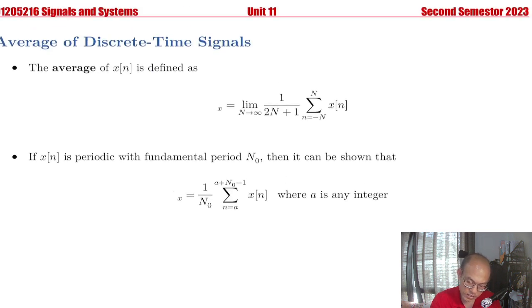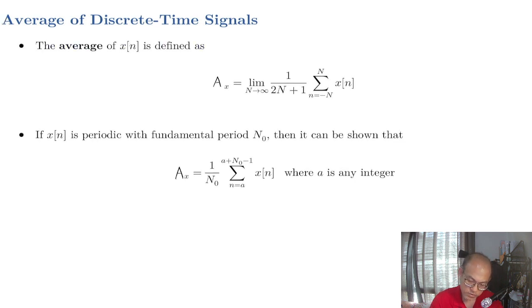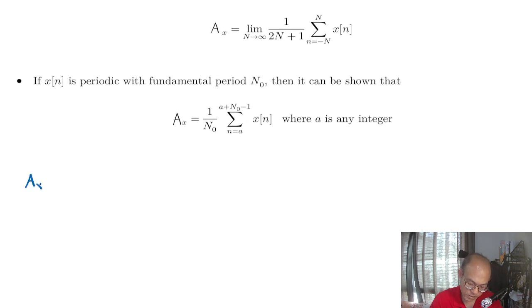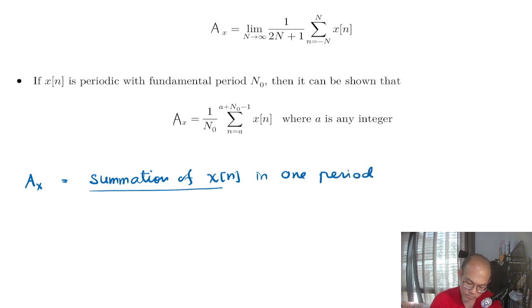Average is A. So the average of the signal x is the summation of x in one period. It's not energy anymore, it's just the values of x added together over the period.